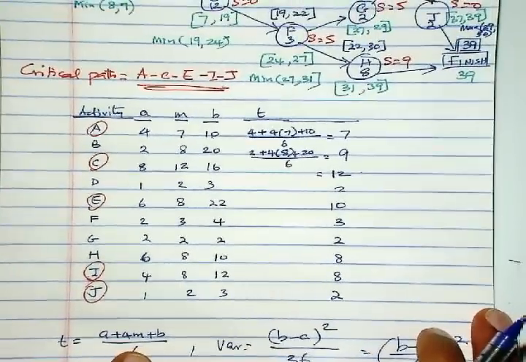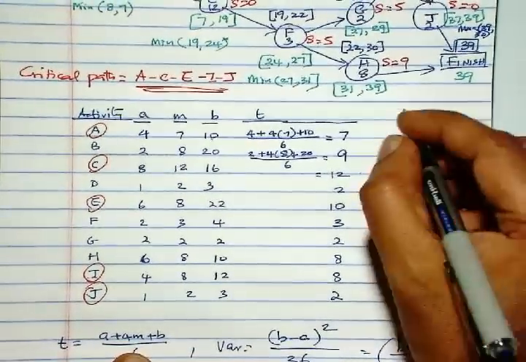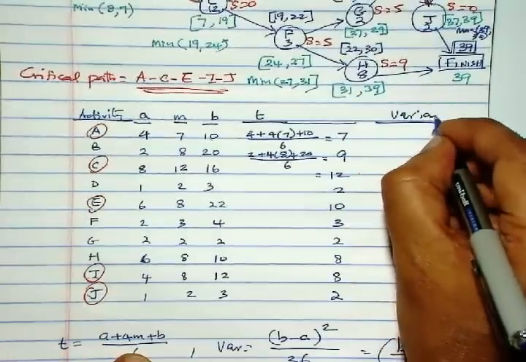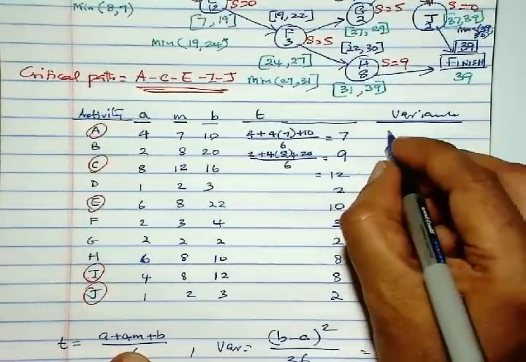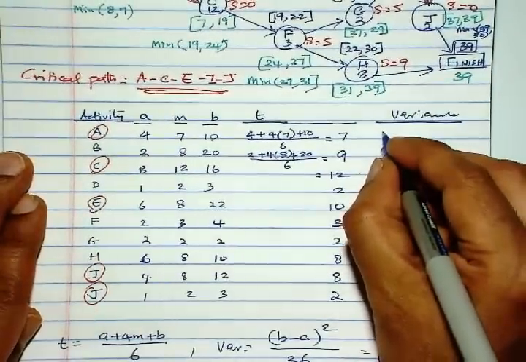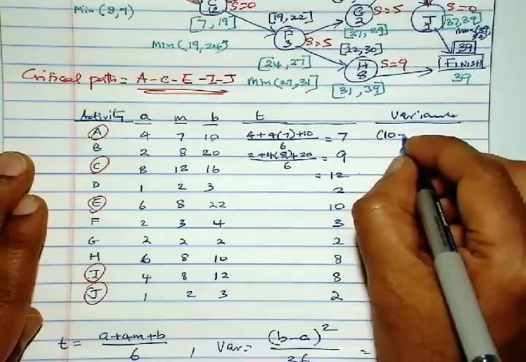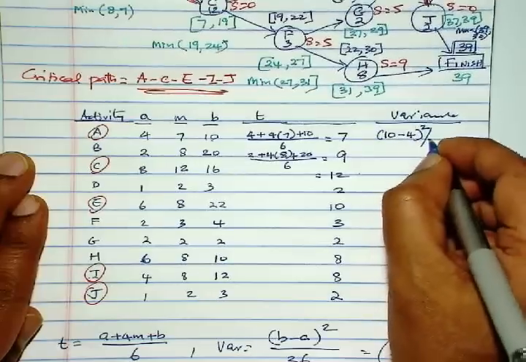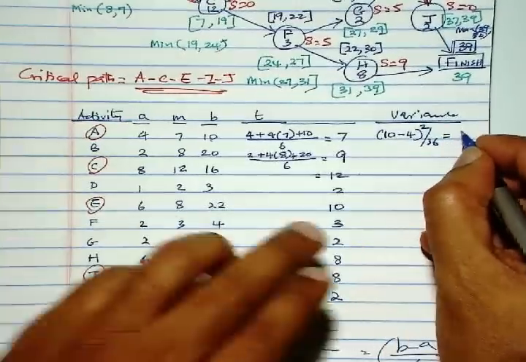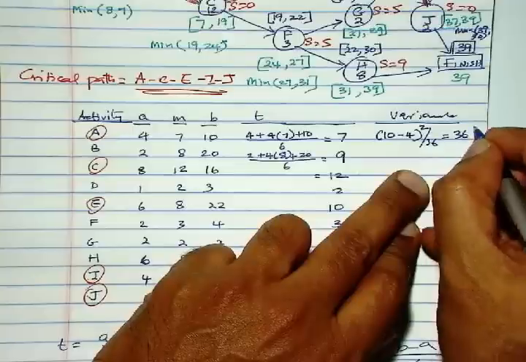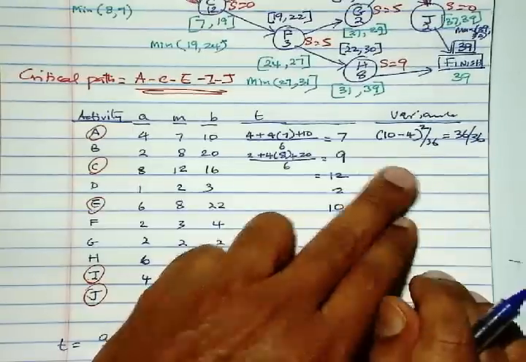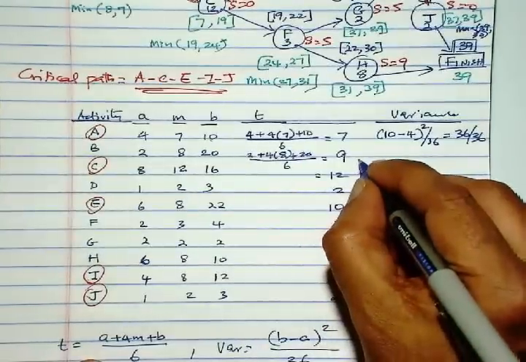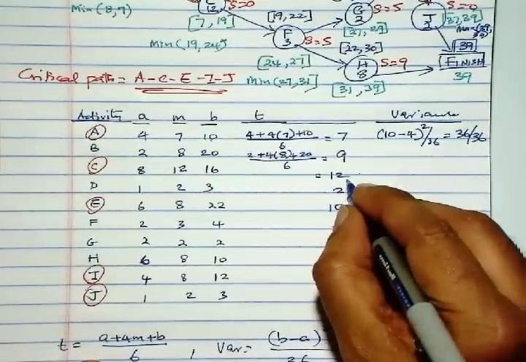So E is 22 minus 6 squared over 36. So that is 256 over 36. And then here this is 12 minus 4 squared over 36. So that will be 64 over 36. It will be 3 minus 1 squared over 36, which is 4 over 36.